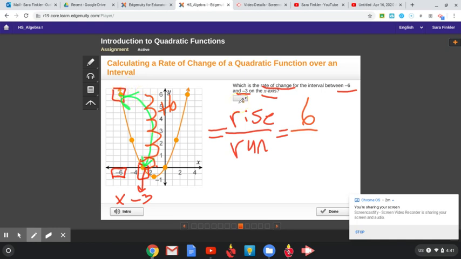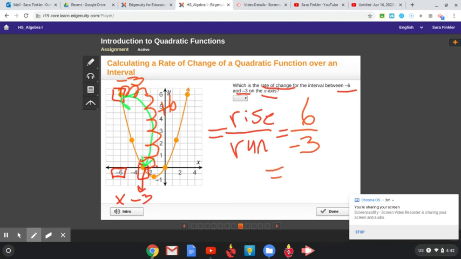How many? And notice the x-axis, 1 tile is 1. So we're going to just go by 1 tile. So 1, 2, 3. But we went to the left. So is that positive or negative? Very good, negative. So our run, we went across -3.